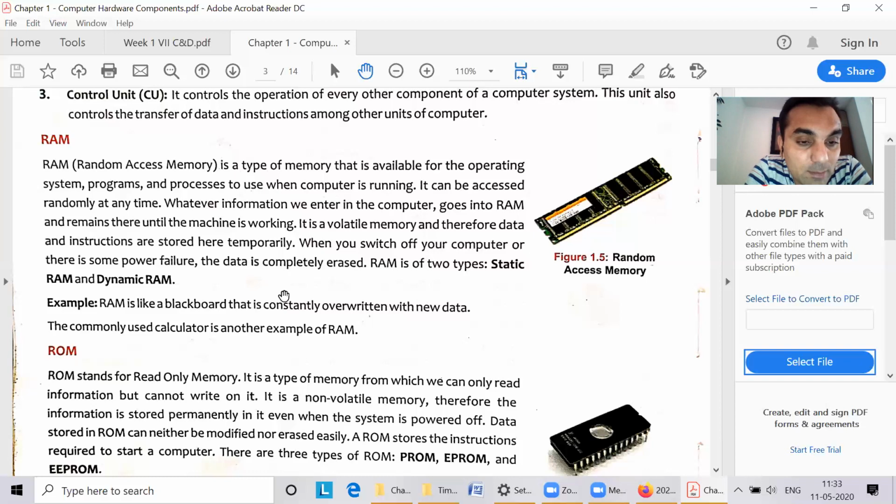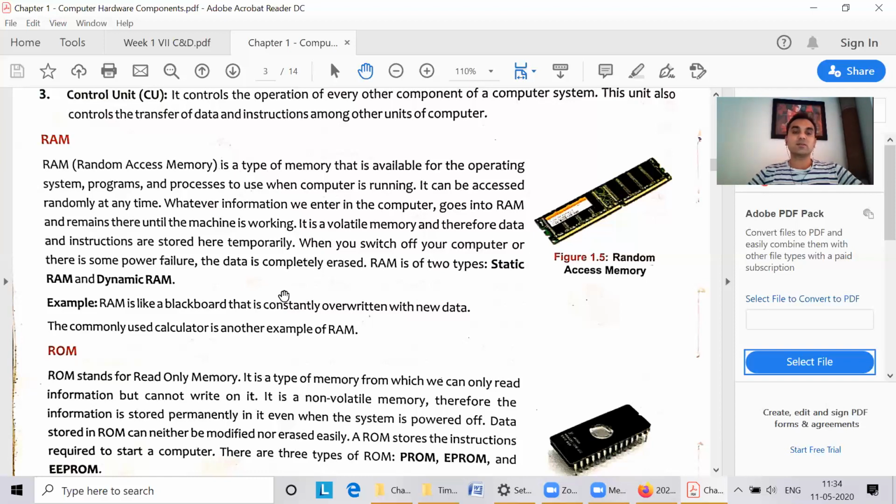For example, RAM is like a blackboard that is constantly overwritten with new data. The commonly used calculator is another example of RAM. Yes, correct. See, when you are in the classroom, your teacher is using a blackboard. Again, the next teacher will come and use the whiteboard again.